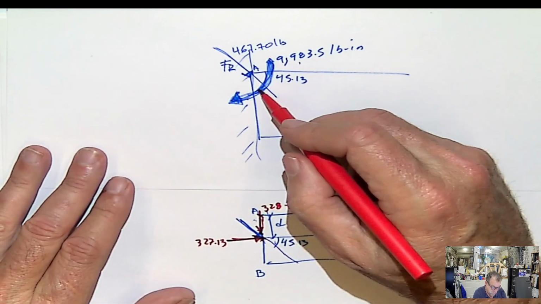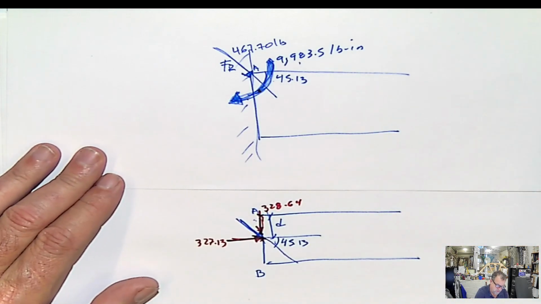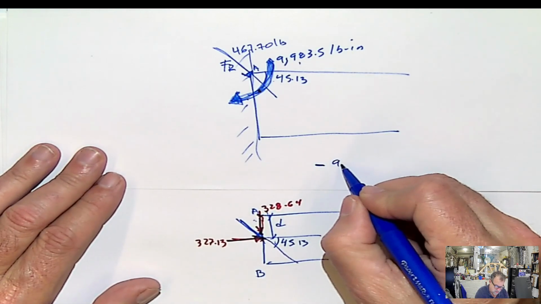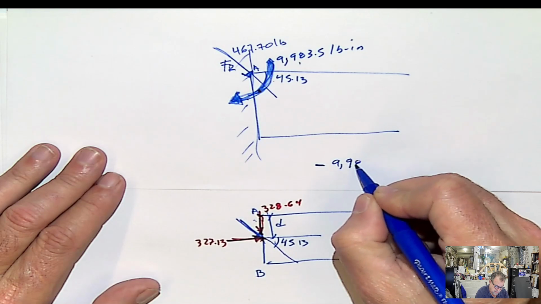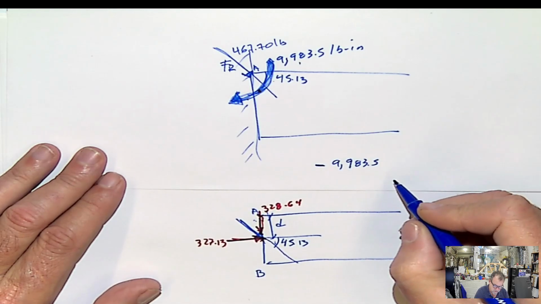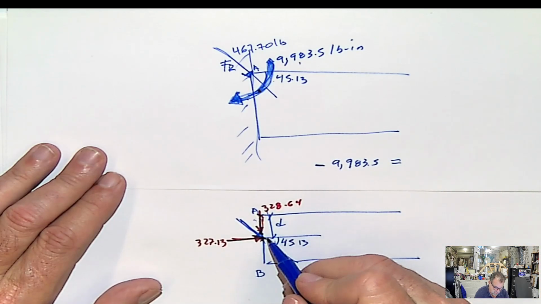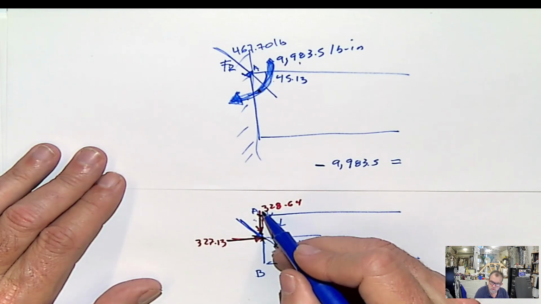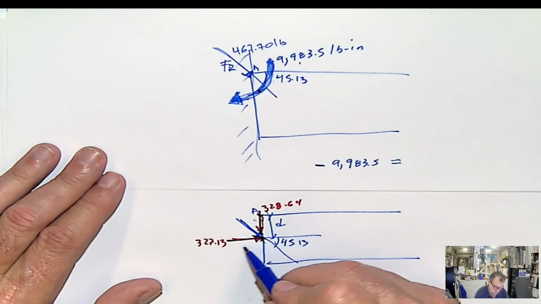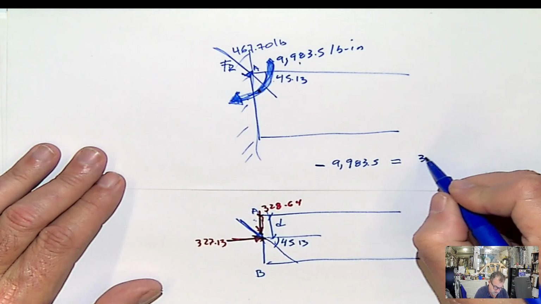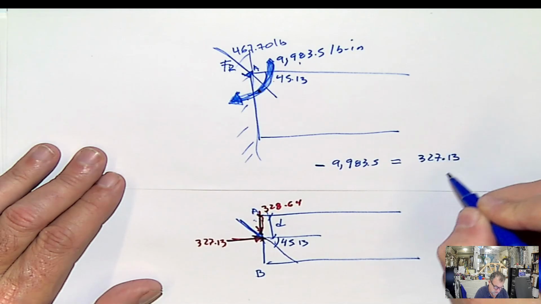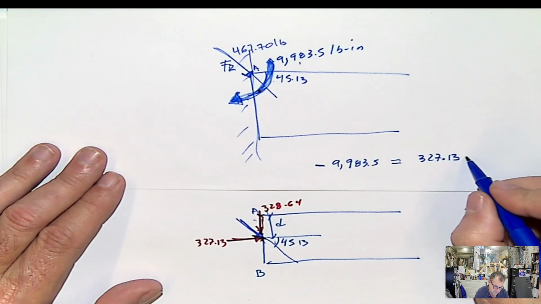Now that moment is what? Negative. That moment is minus 9,983.5. It has to be equal to this component, since this one passes through the point so it's not producing any moment. So it has to be equal to that component, 327.13, multiplied by this distance d.